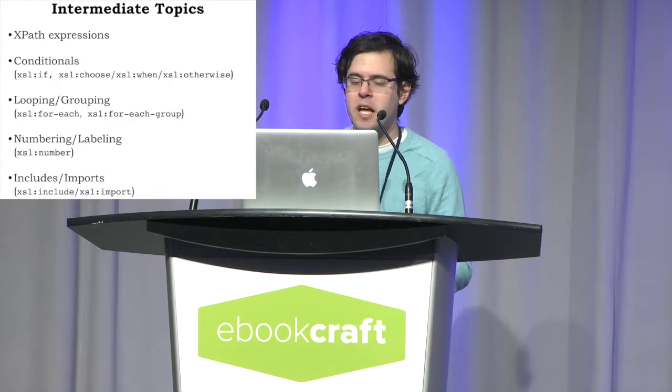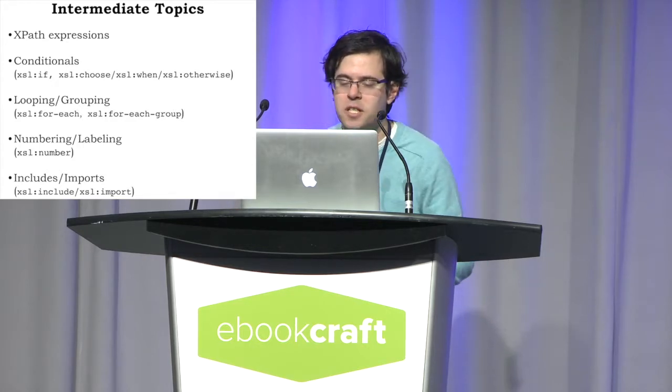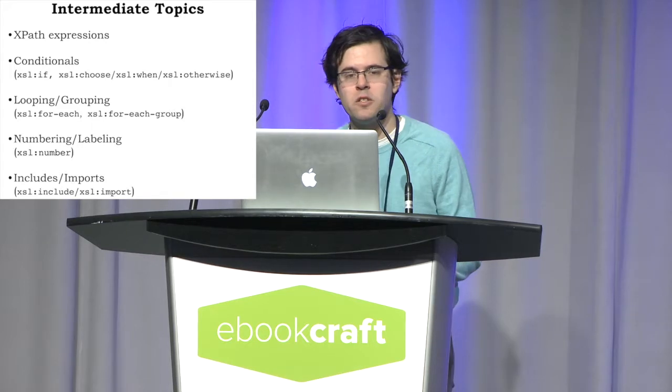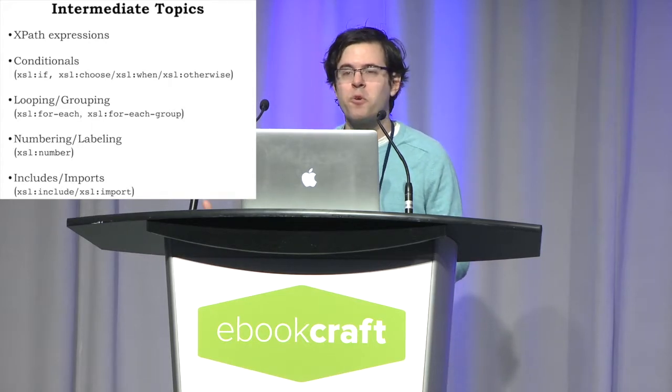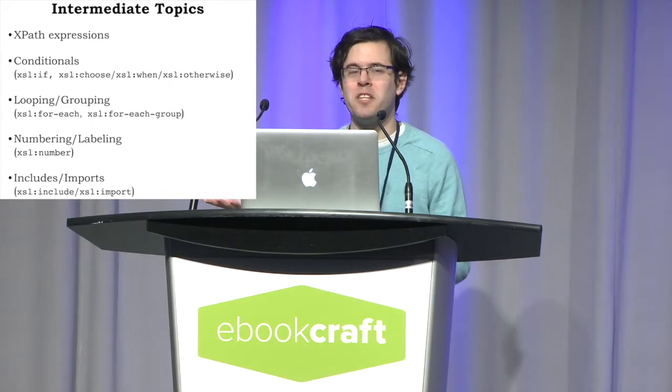One of the features that I use a ton in XSLT is numbering and labeling. So unfortunately, as many of you know, the e-reader ecosystem has never really been 100% up to the task of using CSS counters to do stuff. So I've found that oftentimes I have to rely on hard coding stuff into the markup in terms of numbering and things.